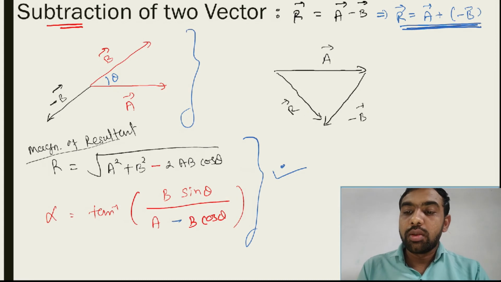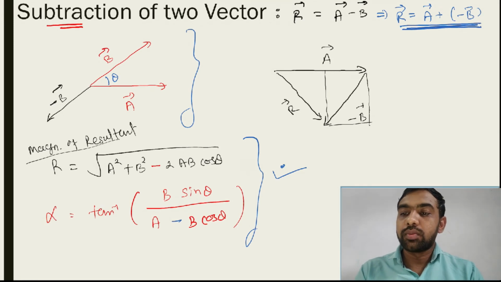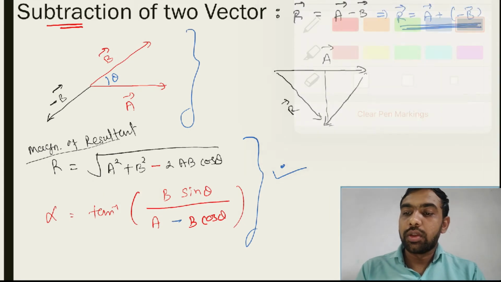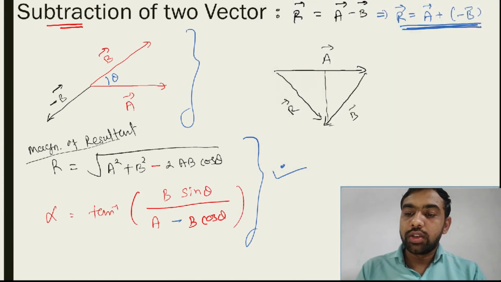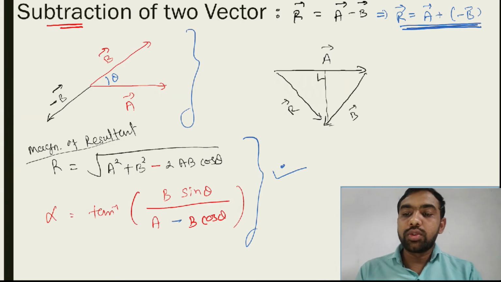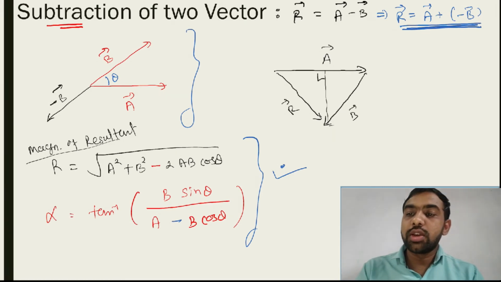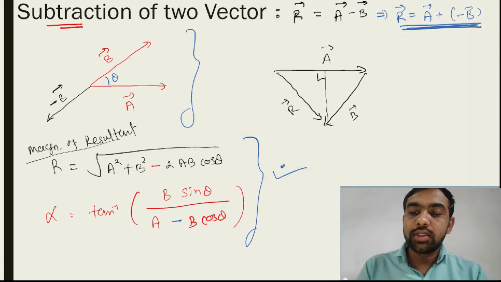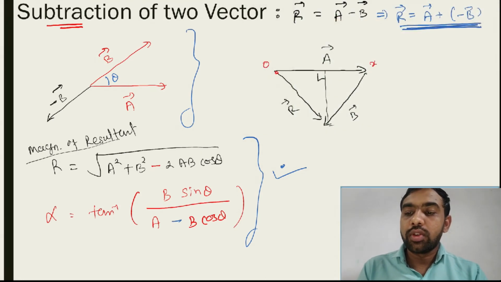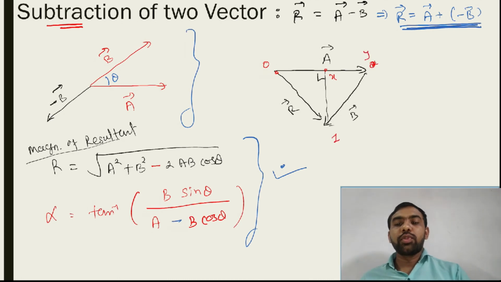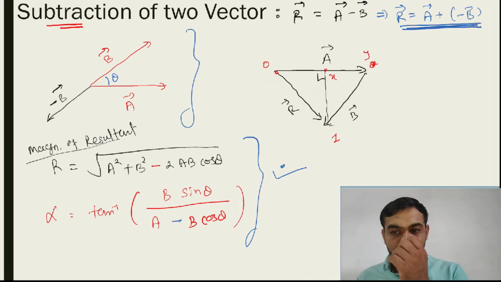You make a component here. So it is B, and you take the component like this. This point is O, this point is X, Y and Z. So you have a triangle, and then you get this answer.